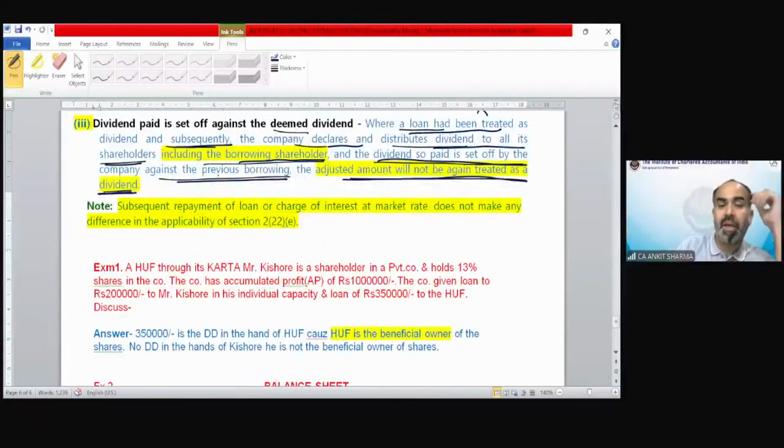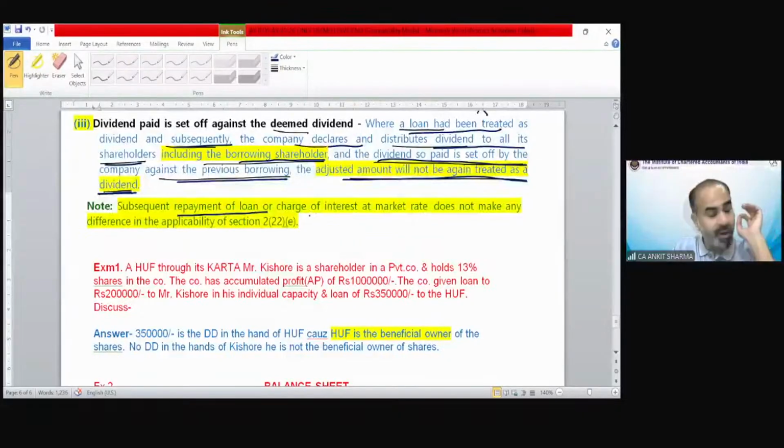Note, if something has been treated as your deemed dividend under section 2(22)(e), then even after you repay that loan, it will not change. Suppose you have taken a loan of 1 lakh rupees today, and that has been treated as deemed dividend. After 1 week, you repay the whole amount to the company with interest.